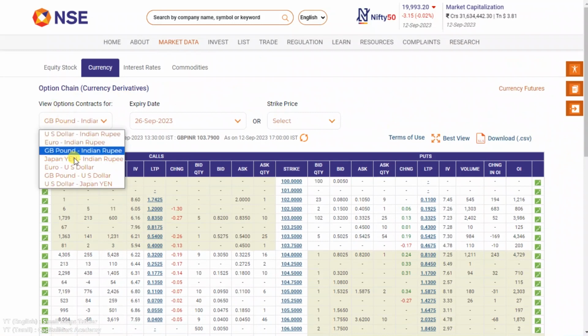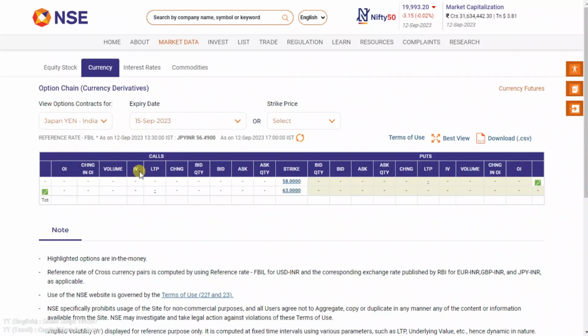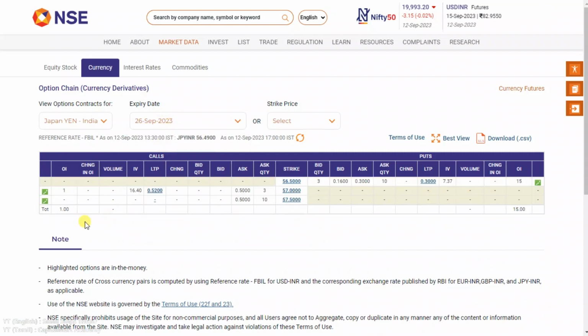If you see JPY, no contracts in weekly, and in monthly, maybe 15 contracts. So JPY is a total washout. Euro is something. Compared to euro, GBP is okay. But the best and ultimate is USDINR. That is the reason I am only showing USDINR. From here on we will talk about only USDINR as usual in the coming videos.